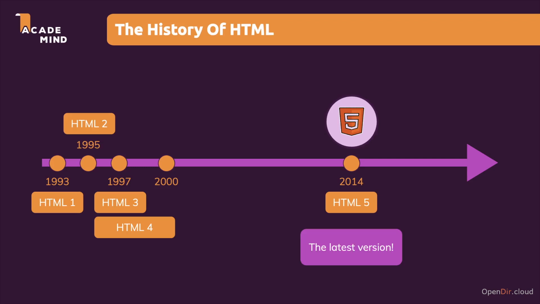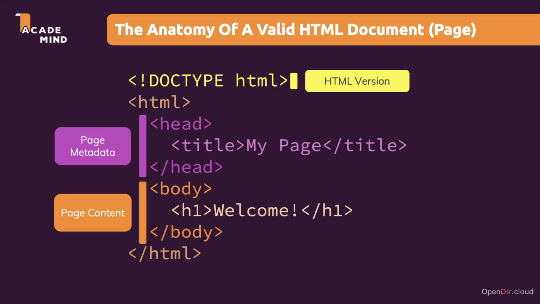But because we have those different versions, and theoretically you could still have a web page that was built before 2014 and that was never updated thereafter, it is strongly recommended that you do specify the HTML version you're using in your HTML document right at the top with this special line.